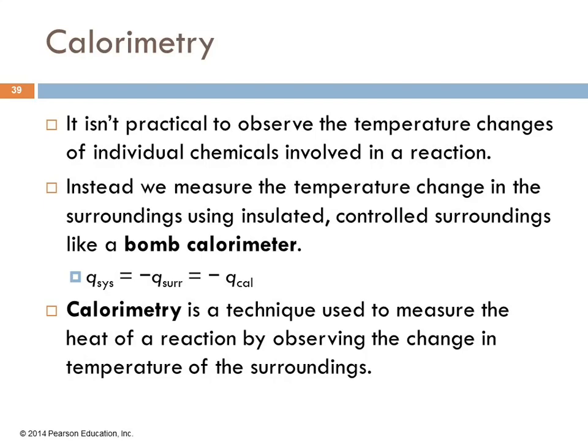And so we measure the heat of reaction by observing the change in the temperature of the surroundings. We know the temperature of that piece of metal because it came to the same temperature as the water. We can measure that. It's hard to measure the temperature of a piece of metal. If you've got multiple chemicals all together, it's hard to measure the temperatures of them individually.